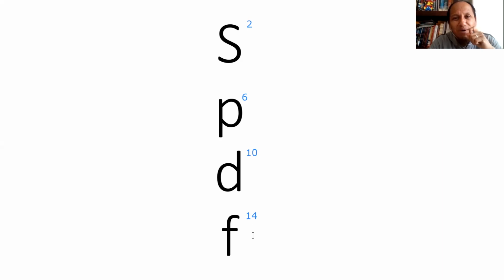If you understand that part, you can see that all of these sublevels are the orbitals within an orbit. Being said that, S for sphere, P for principal, D for diffuse, F for fundamental. Let's go to the next part.